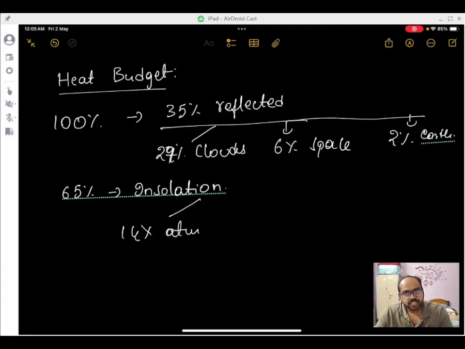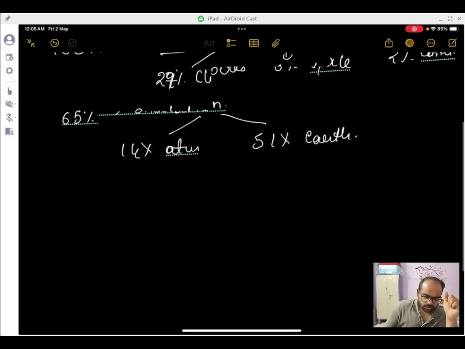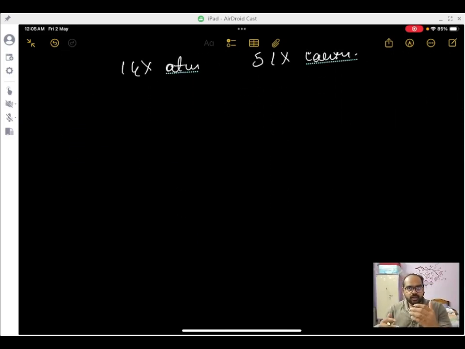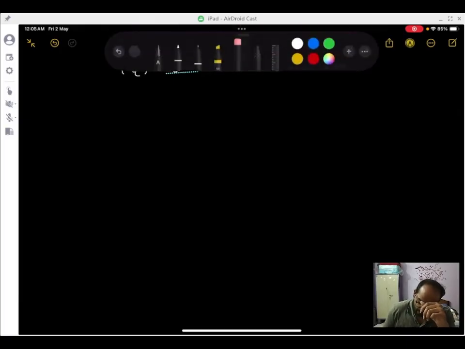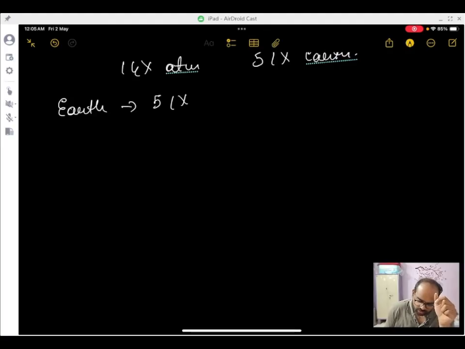Out of 65%, 14% of insolation is absorbed by the Earth's atmosphere, and the remaining 51% is absorbed by Earth. So technically speaking, Earth should radiate back only 51% of terrestrial radiation.